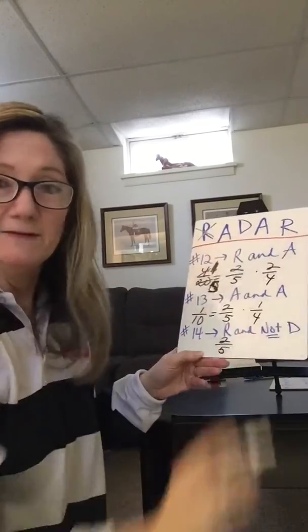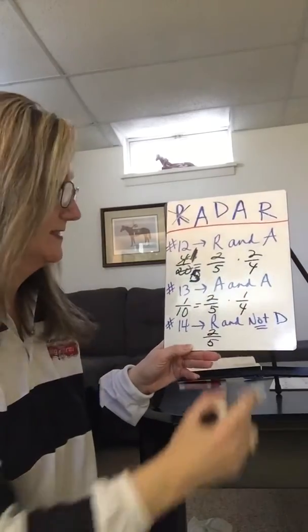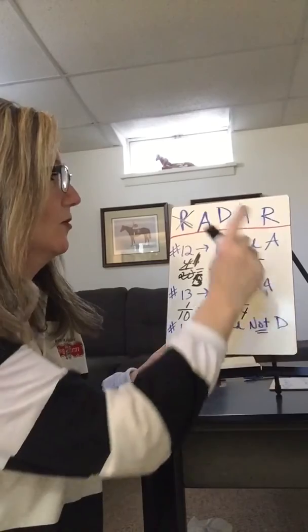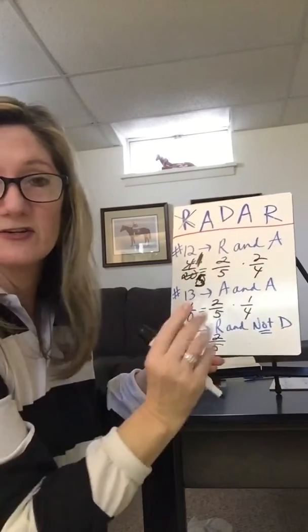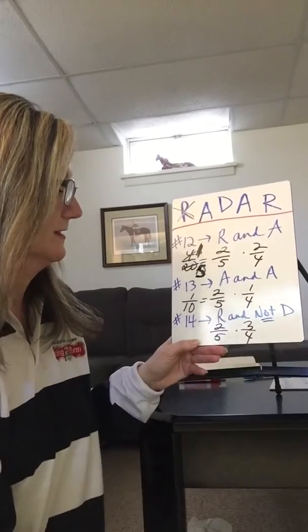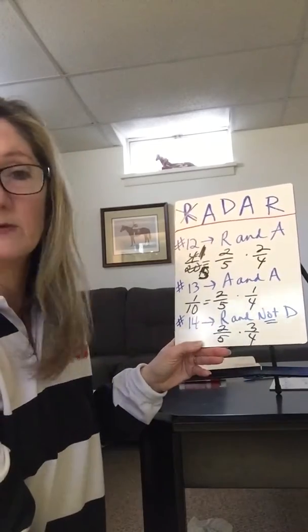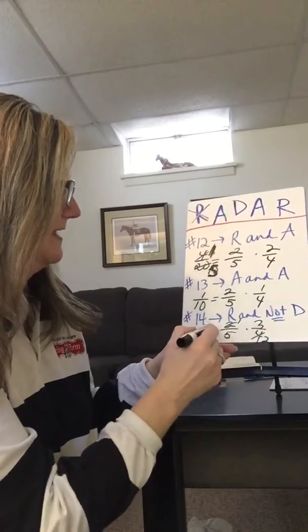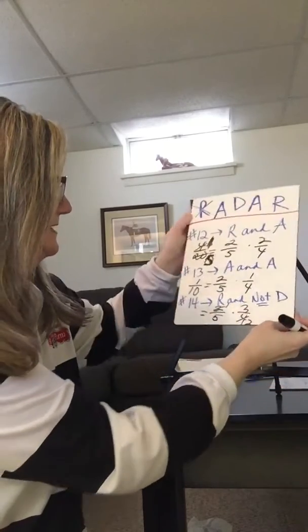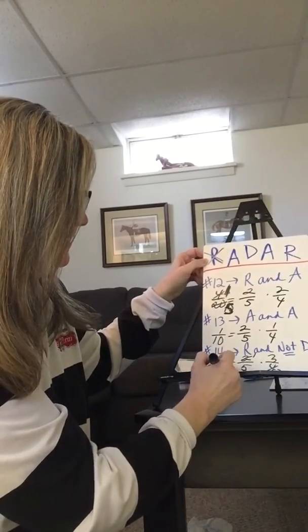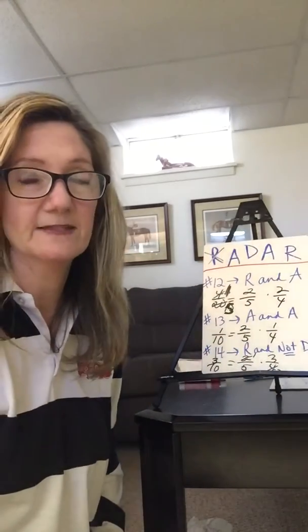And then of the remaining 4 that are left, we want to see what's the probability of not pulling out a D. Well, there's 1 D. There are 3 letters that are not D's, so that would be 3/4. And you can either reduce in the problem like we've been doing. So even if you want to reduce the 2 and the 4, then the answer would be 3/10. Or if you got 6/20, it would reduce to 3/10.